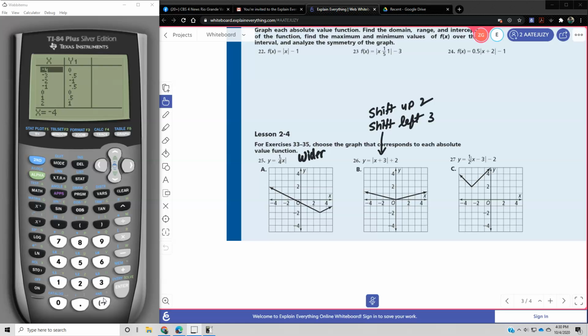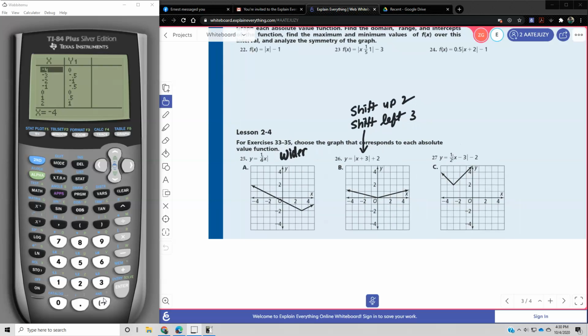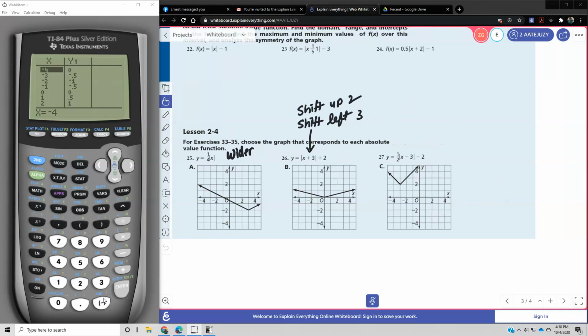And for 27, the 1/2 is going to make it wider.